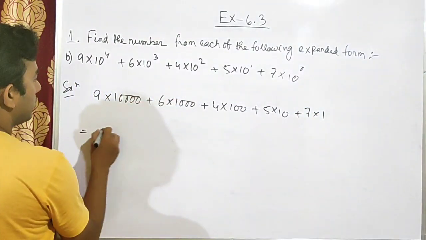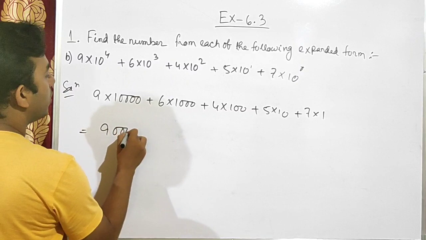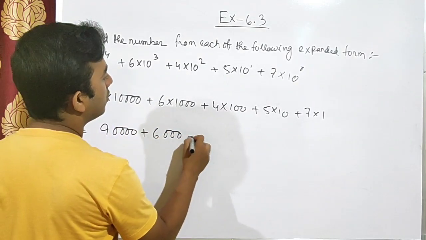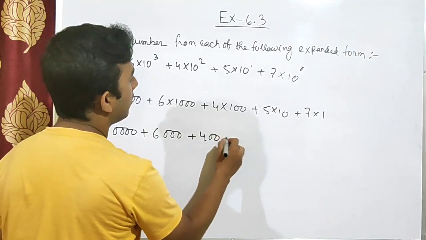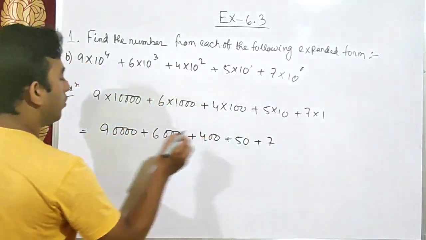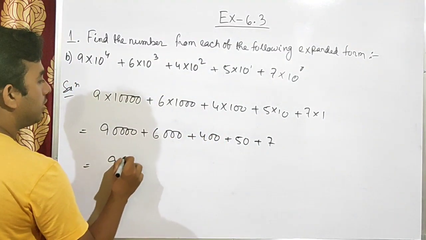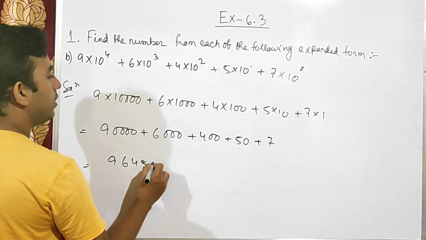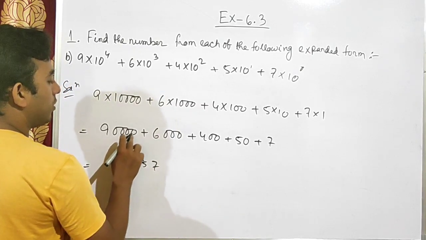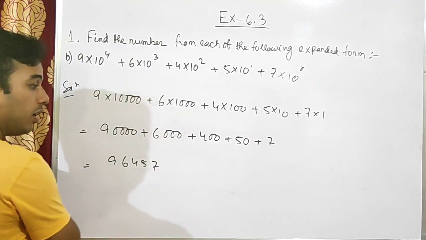Clear? So it will be 90000 plus 6000 plus 400 plus 50 plus 7. Now if we add, it will be 96457. Clear? Ones, tens, hundreds, thousands, ten thousands.